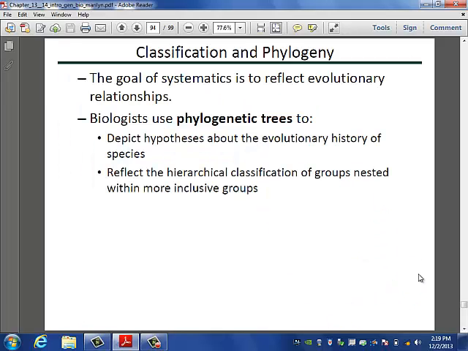So, the goal of systematics is to reflect the evolutionary relationship. Where do we split from our commonalities? Biologists use phylogenetic trees, and they're going to help depict hypotheses about the evolutionary history of species and reflect that hierarchical classification of groups that are nested within more inclusive groups.